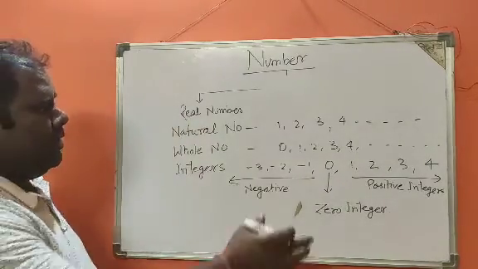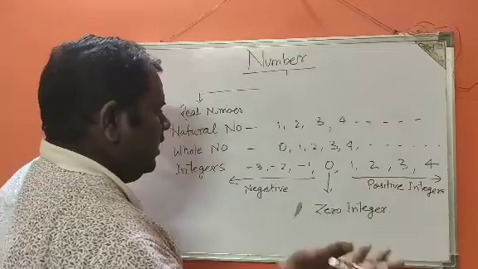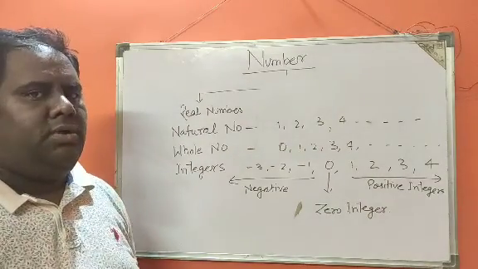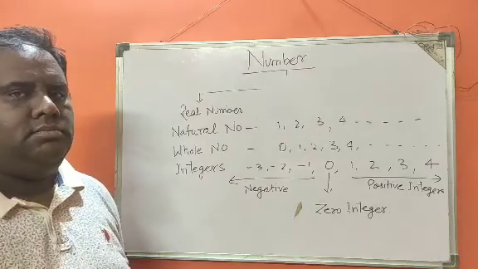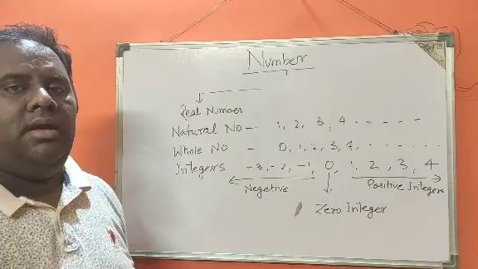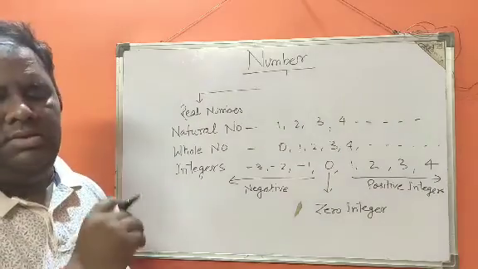Till now we have the whole complete numbers 1, 2, 3 and minus 1, minus 2, minus 3. There is no concept of a number with decimal.